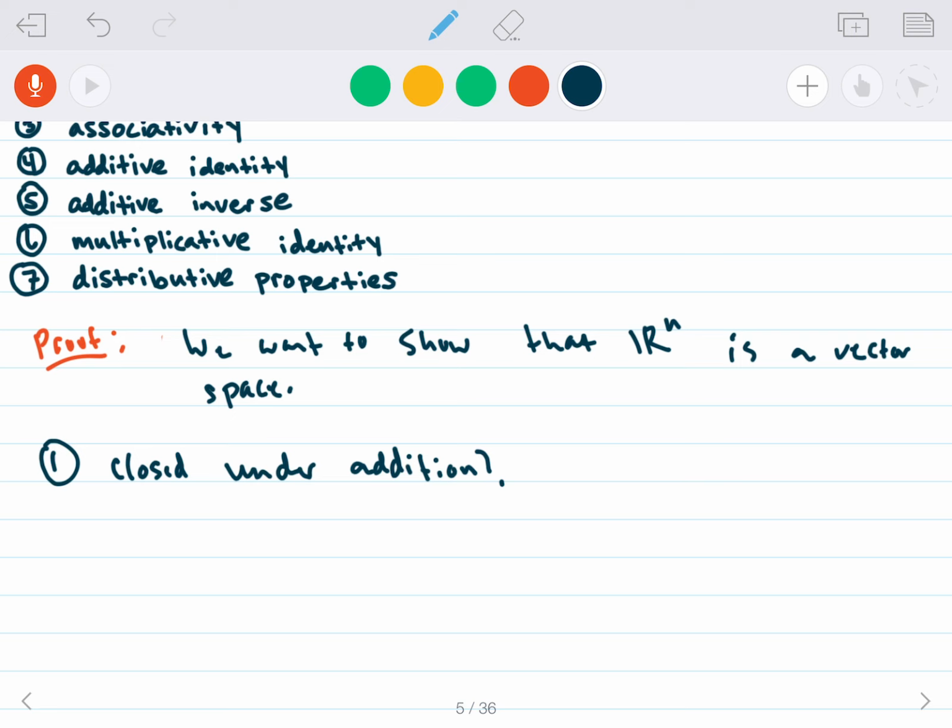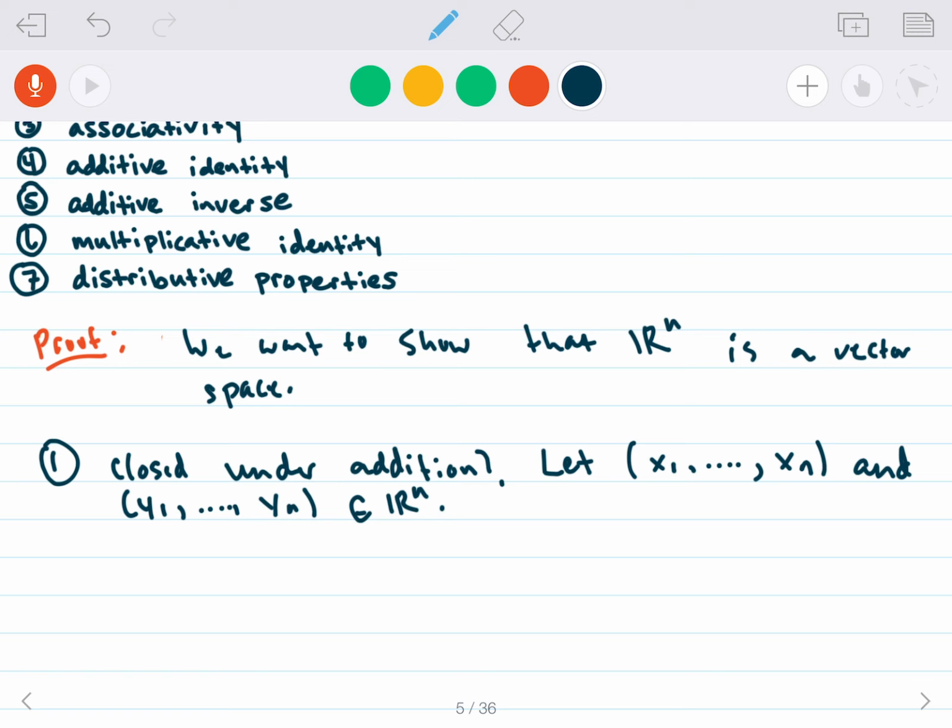So what we're going to do is we're going to say let x1 through xn and y1 through yn be in Rn. Okay, so we wrote down 2 random lists. We didn't give specific numbers.